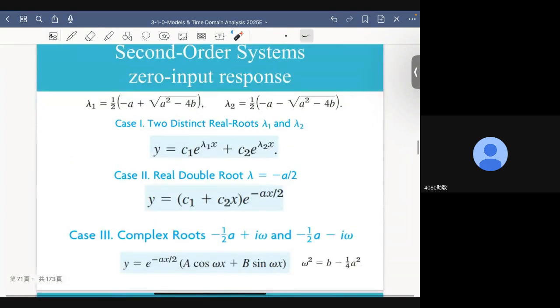Now, for case 1, when I have 2 distinct real roots, then the solution becomes this, right? Pure and simple, 2 modes. What I have is the linear combination of these 2 modes. However, if I have real double roots, this is what I will get, okay? Just think of x as t, all right? Anyway, it is a mathematical symbol which is used to represent the independent variable.